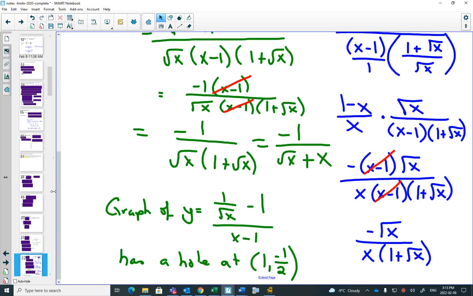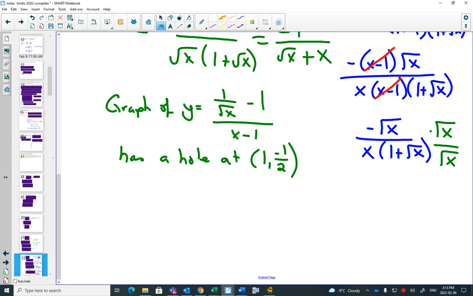Yes. So I still have a square root. Good. This answer would be wrong. How would I get rid of that square root on the top here, though? I could rationalize it again by multiplying by the square root of x and the square root of x. And I would get, extend this here.